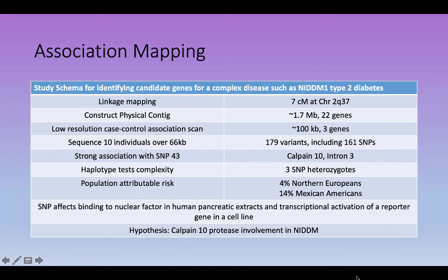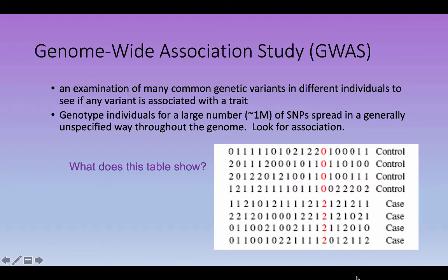One of the things we can find is that if the SNP is affecting where a nuclear factor can bind, or a transcriptional activation reporter, then that might have a functional effect. And so in the end, we come up with a hypothesis: calpain 10 protease is somehow involved in NIDDM activity, and that shows us an association with this specific type of outcome.